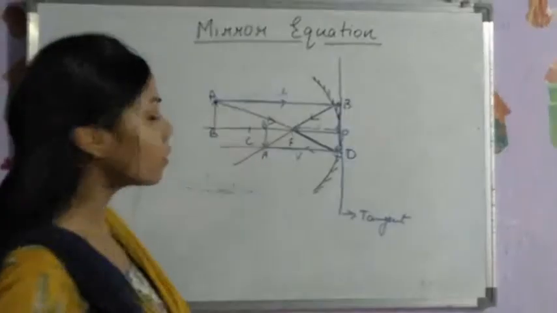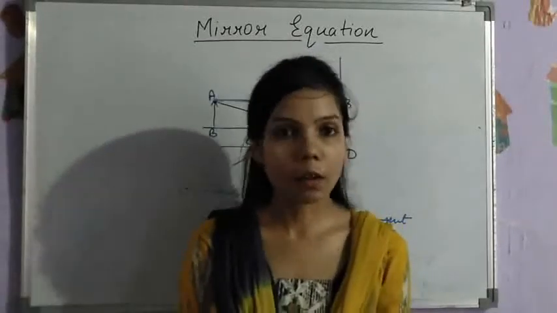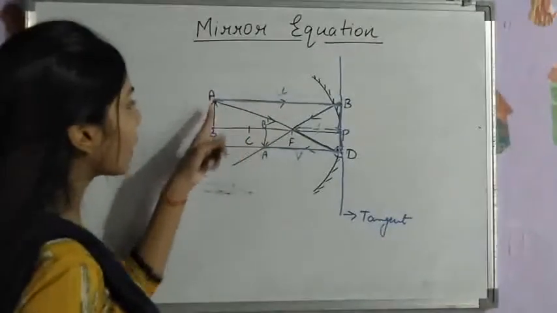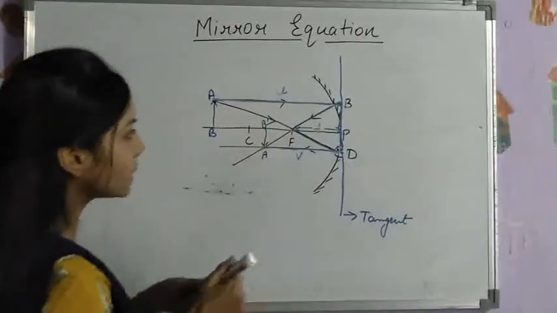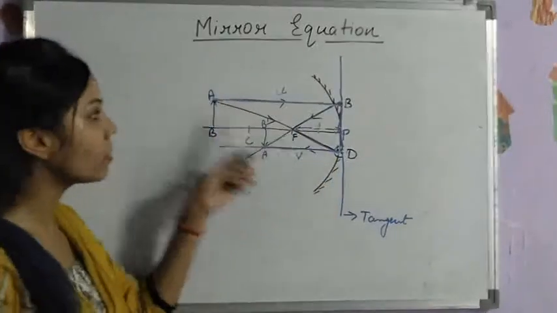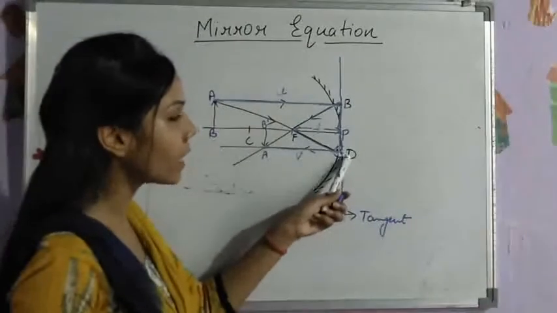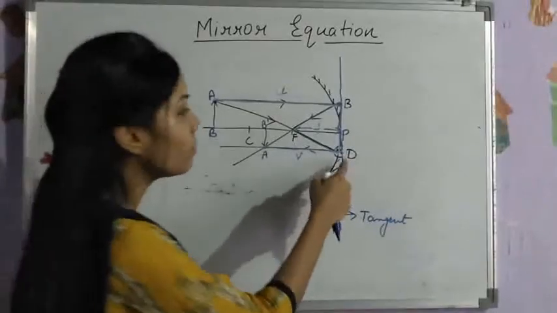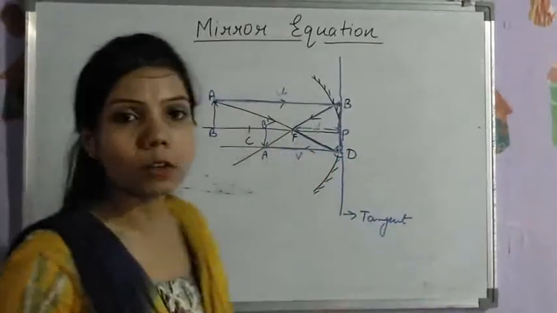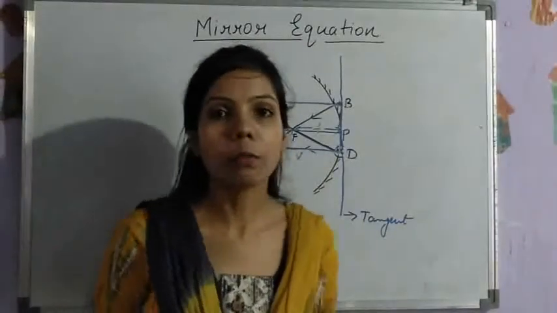So here we are going to apply that property to prove the similarity of triangles also. So here you see in triangle ABF, let us consider this as point F. This is actually point F. So in triangle ABF, and due to this point on the tangent, here we have this triangle, that is DPF. Are these 2 triangles similar to each other? Yes, these 2 triangles are similar to each other, and we are going to prove this.